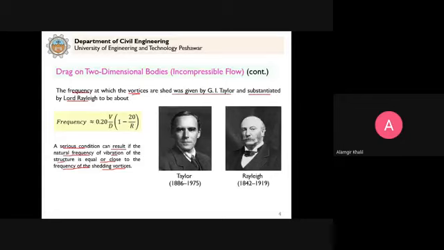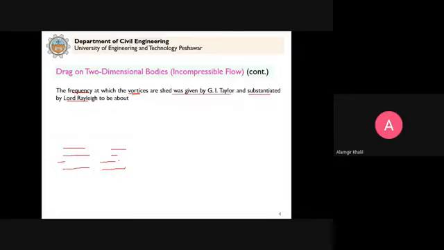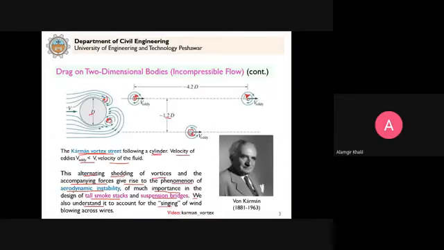So the same we deal with here. If the natural frequency of vibration of the structure is equal or close to the frequency of shedding vortices, then this will result in a serious condition. Clear? Because we already studied that this phenomenon is known as aerodynamic instability, and we consider it in the design of these structures.